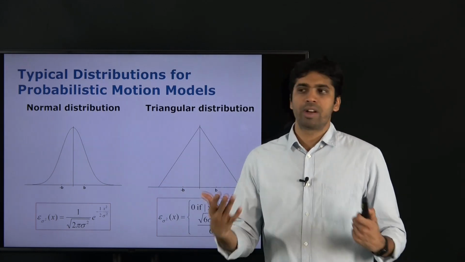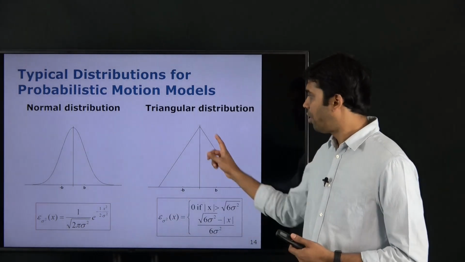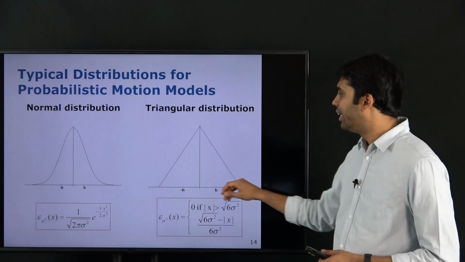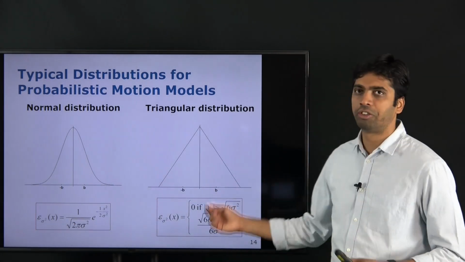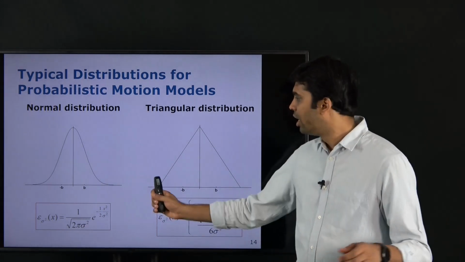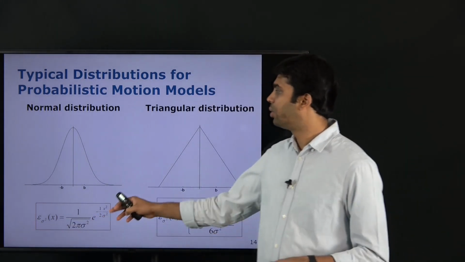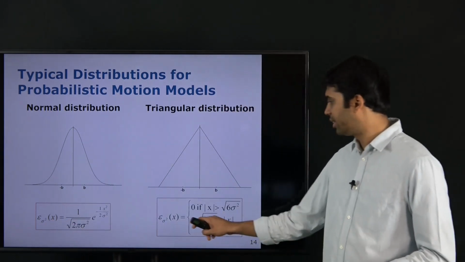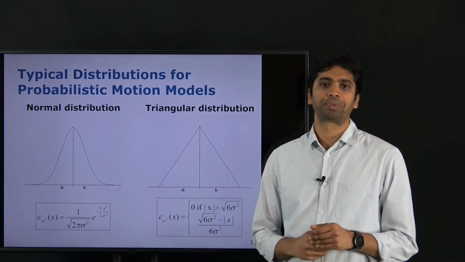If you know that this is something that won't happen in your system, you could model your noise using a triangular distribution, where you ensure that your uncertainty is within a bound and you never go out of these bounds. What you see here is the equation for the normal density function, and similarly an equation for the triangular distribution.